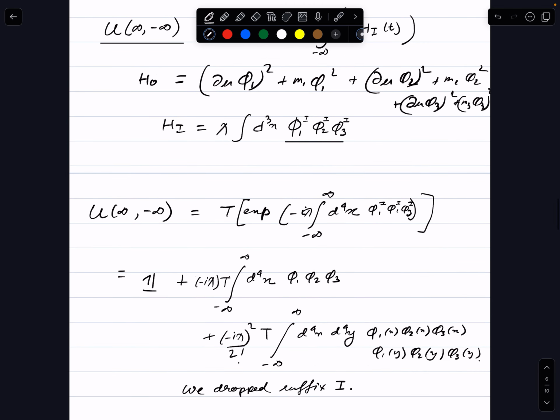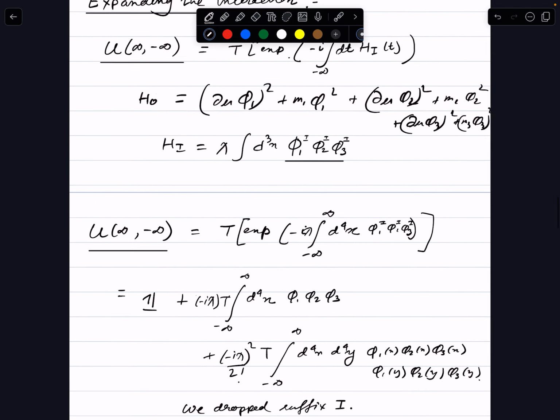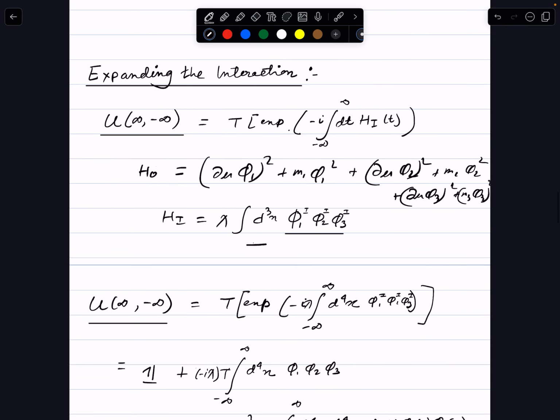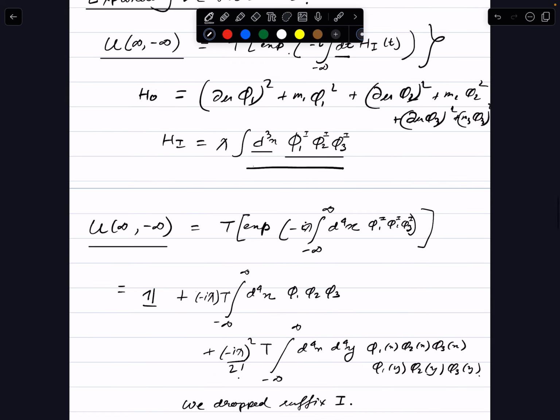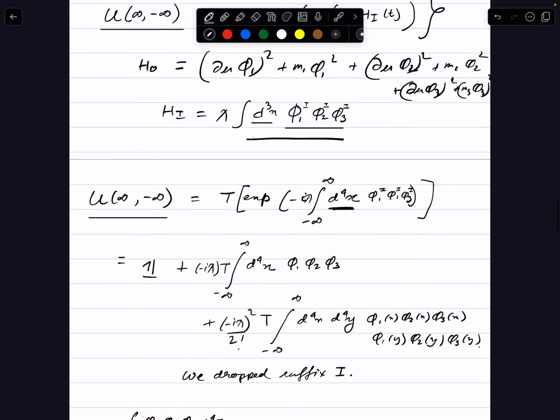So U from minus infinity to infinity you get by substituting this interaction picture Hamiltonian in this, and then I have a dt and I have a d3x. Together they become a d4x, integral over space time. I have time evolution, I have lambda, which is some constant which is small, and this is called a coupling constant.